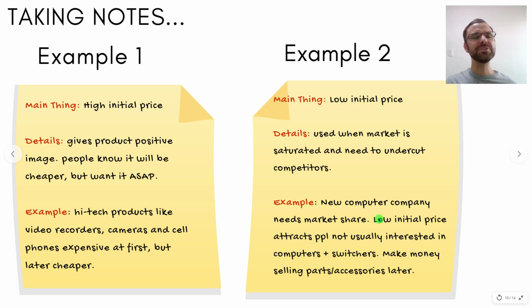Now, sometimes you're going to get lots and lots of general details and a short real life example. Other times you might get a really long real life example, but just a few general details. Broadly speaking, though, listen for the main thing, the details, and the example. That's what you're trying to get, ideally.